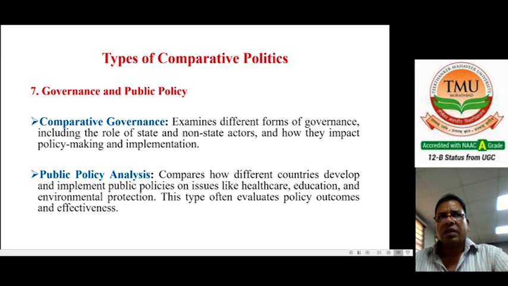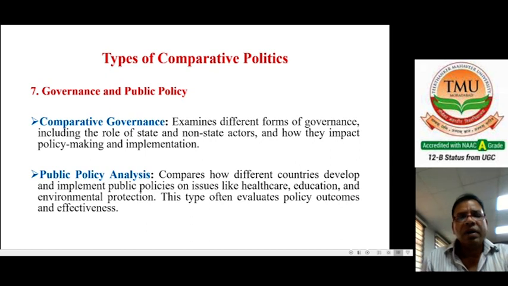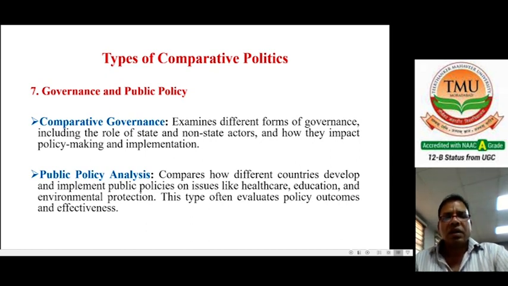There may be contributions of non-state actors like civil society, voluntary associations, and all stakeholders. So this is called governance. And in public policy, when a state or government formulates public policy for a particular issue, to provide solutions for issues like environmental, social, or political issues, that is called public policy.